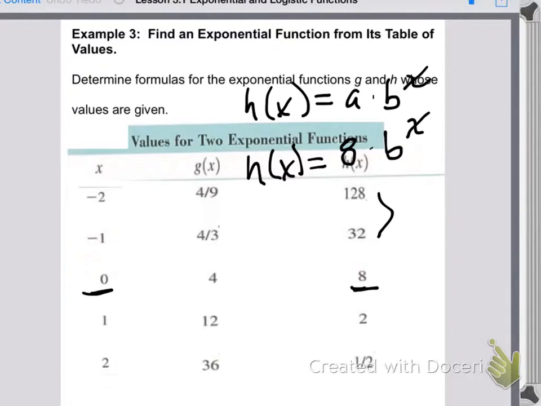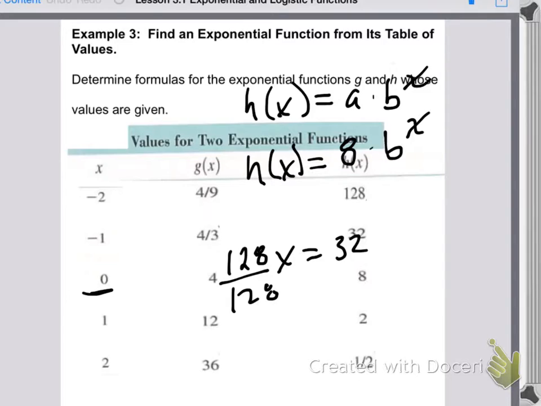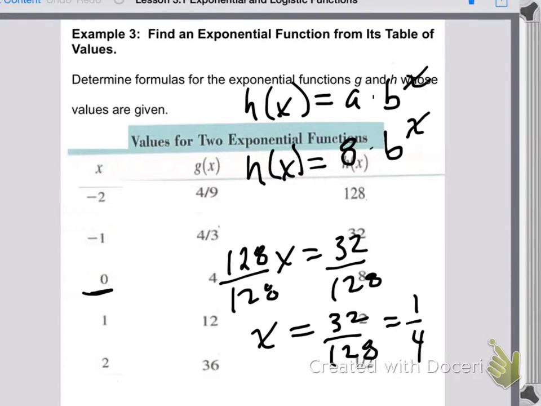So 128 times what is going to give me 32? Well, divide both sides by 128, and I'm going to get x equaling 32 over 128, and I'm going to get that equaling 1/4.